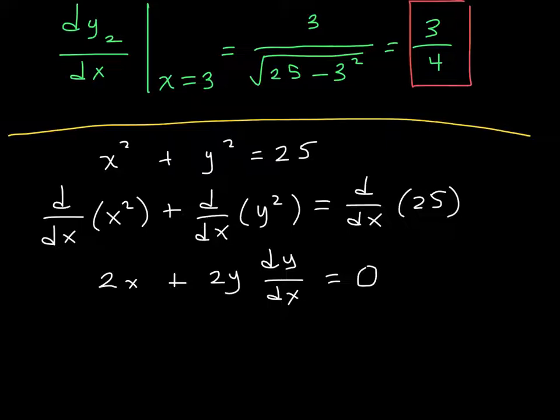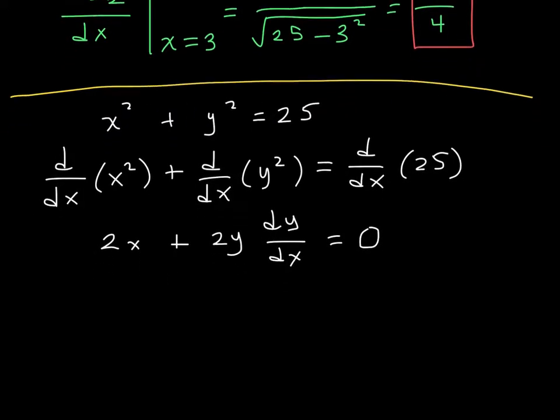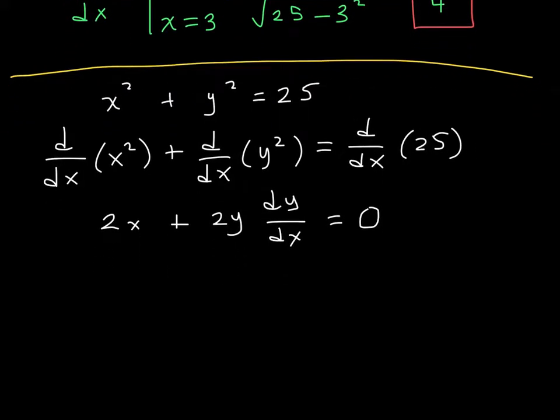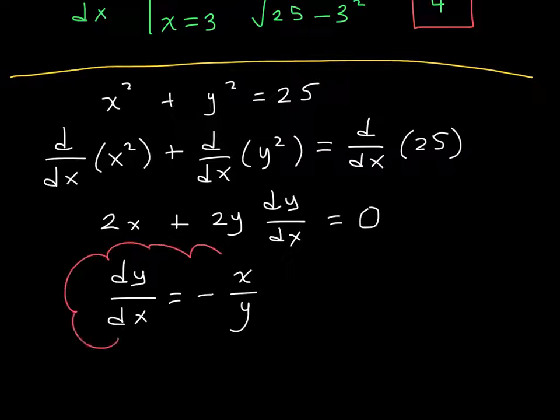So what we can do now is just solve for dy/dx. When you isolate dy/dx, you get dy/dx is equal to negative x over y. Stop right there. First of all, notice that this is a single derivative, not two different derivatives, only one derivative.